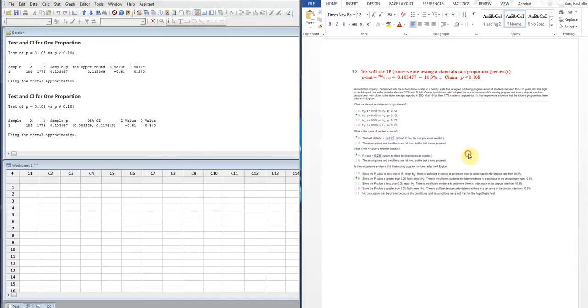Anyway, so that's a pretty large p-value. We're probably rejecting. Oh, I'm sorry, we're failing to reject because this is pretty likely. So since the p-value is greater than 5%, we fail to reject. There is sufficient evidence to determine that there was a decrease from the dropout rate of 10.8. If you look at the other fail to reject, it says there is sufficient evidence to say that it's decreased, but that's not what we got.